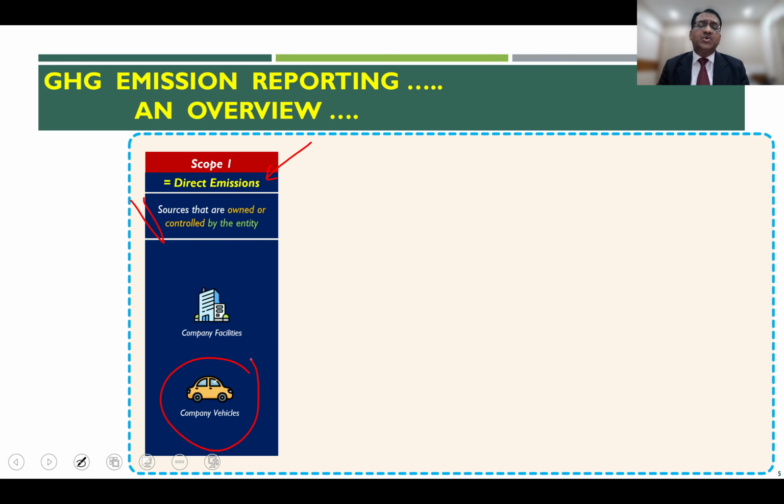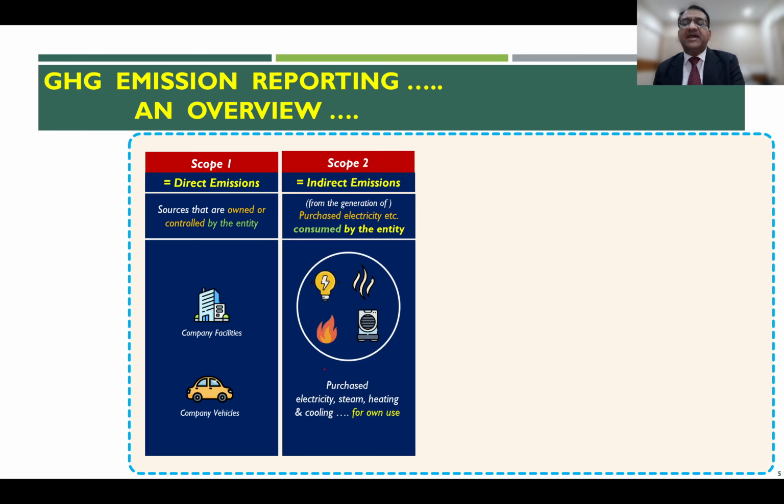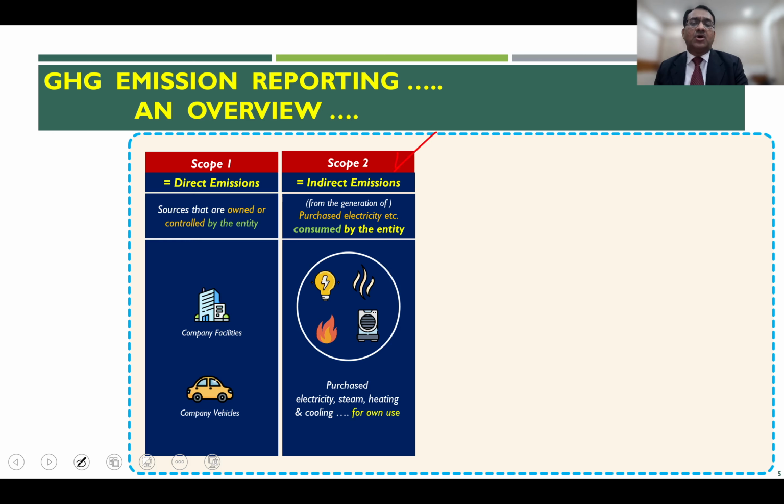In contrast, when you look at scope 2, these are indirect emissions. Scope 2 are indirect emissions, unlike scope 1, which are direct emissions. So scope 2 represents indirect emissions on account of the generation of emission from purchased electricity, which is consumed by the entity.